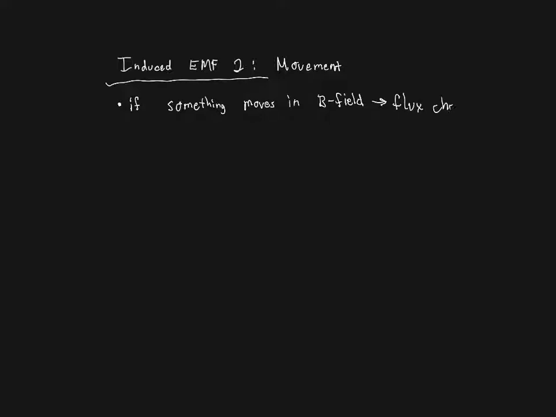Flux changes. You're basically either changing the B, number of magnetic field lines, or you're changing the A. And if flux changes due to this motion, then you induced an EMF.